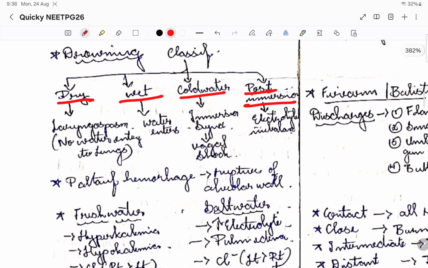In dry drowning, there is no water entry to the lung, whereas in wet drowning the water enters the lung. That is the main difference. Then coming to cold water, there is immersion syndrome, where there is vasovagal shock. We have the mammalian dive reflex. In cold water exposure, if cold water suddenly hits our face, there is parasympathetic activation.